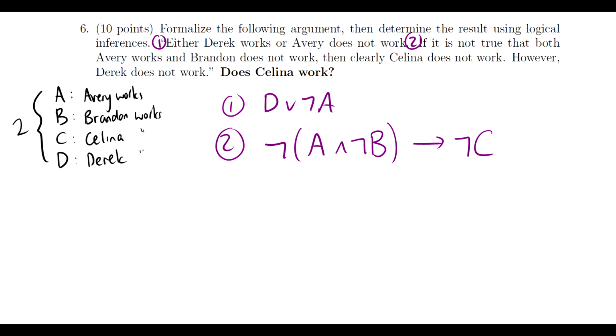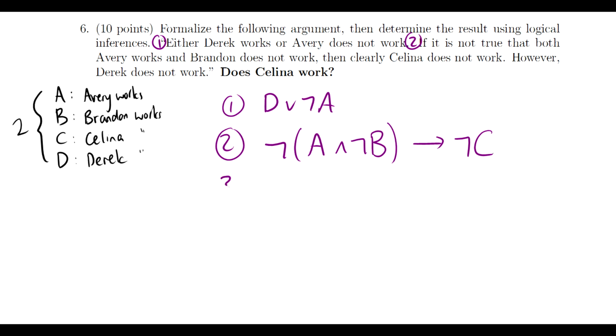The reason that we have "not true that both" is that this not basically covers A and not B. Because if I said if it is not true that Avery works and Brandon does not work, that would be ambiguous. So because we have it is not true that both Avery works and Brandon does not work, that means that we have this not encompassing the whole A and not B. So we have not (A and not B), arrow not C, because clearly Selena does not work.